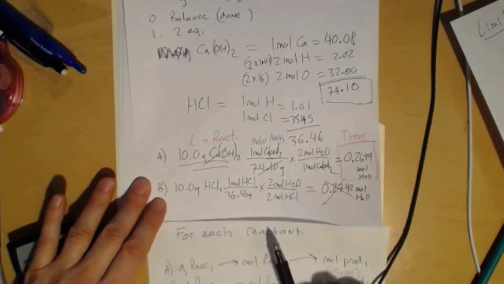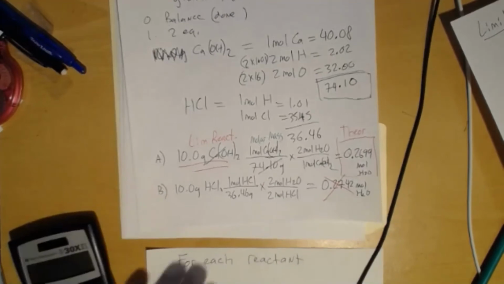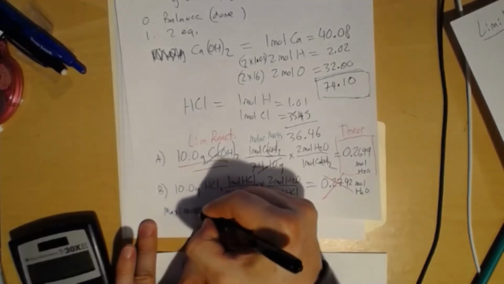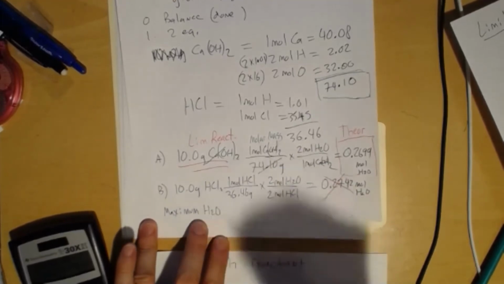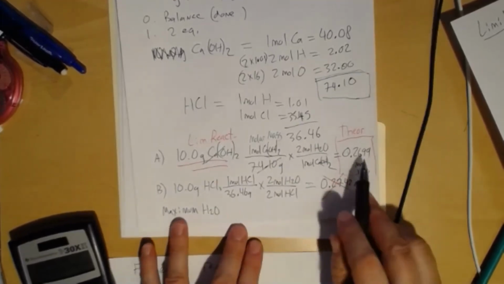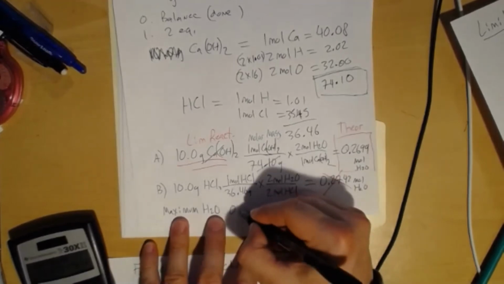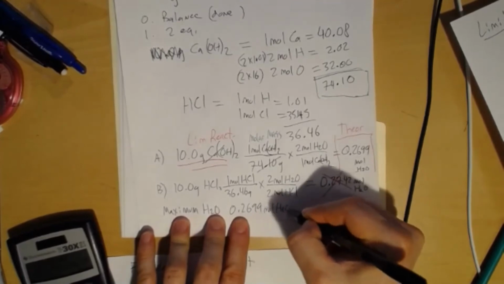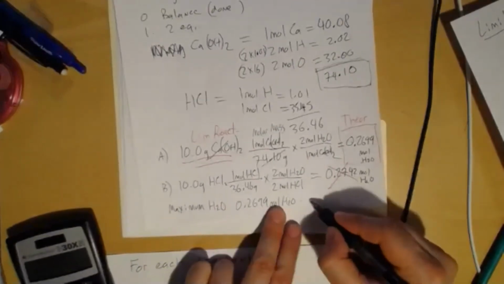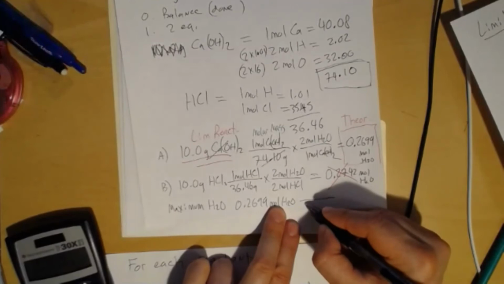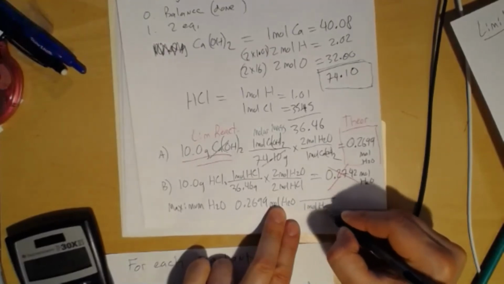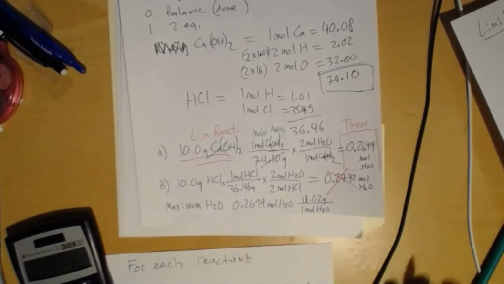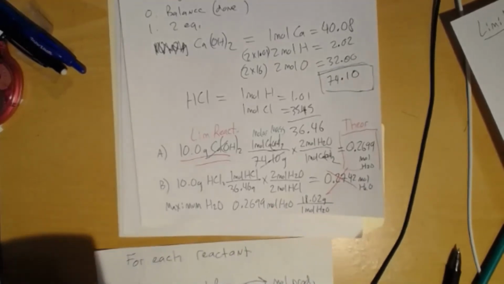Okay, so technically we're not done. The maximum amount of water, I want to go to grams, right? So I'm going to take this value here, 0.2699 moles of water, and multiply by the molar mass of water. Anyone remember? 18.02 grams. We did that from before, right? I'm cheating.